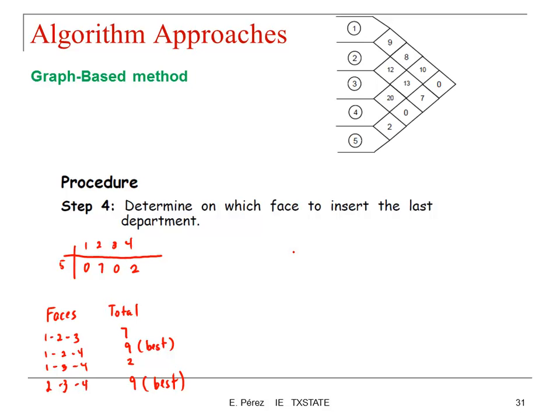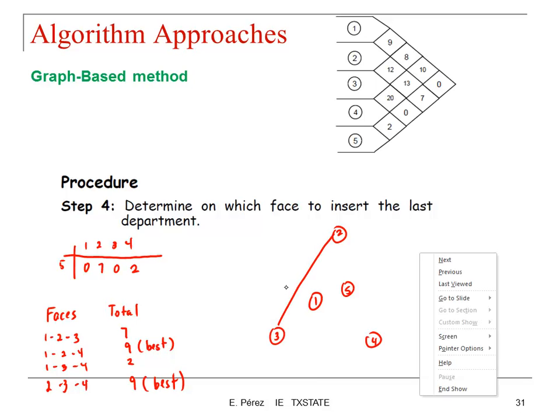So we are going to place that. We have 1, 2, 4. We have 1. And then we're going to place that one in between this triangle. So remember, the arcs cannot intersect.